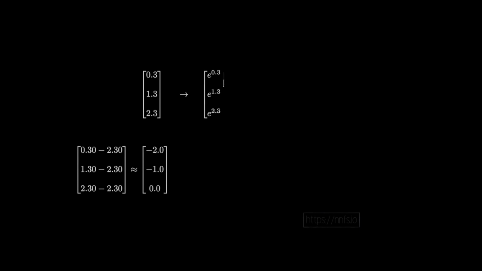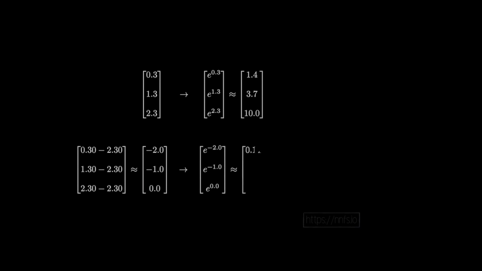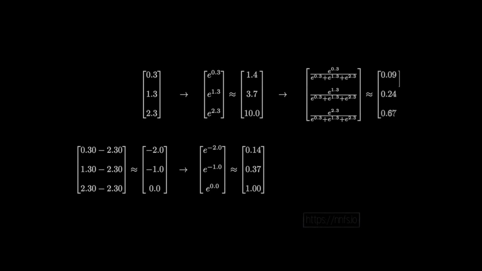Okay, and you can see here in this example, what's happening is I've got my largest number, 2.30. I'm removing it, and then I'm going into my exponentiation. I'm performing that particular operation, and then I'm going to start doing the normalization.